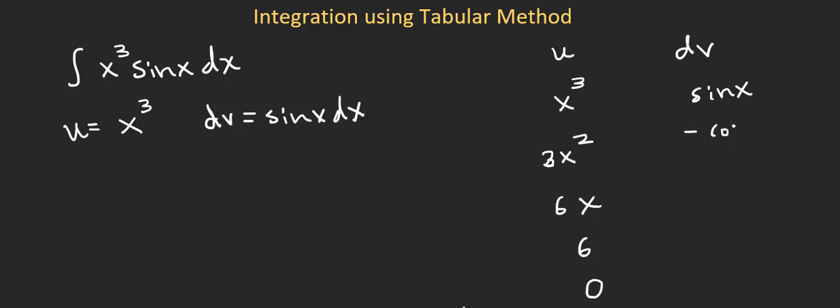It's negative cosine x. The antiderivative of negative cosine x is negative sine x. The antiderivative of negative sine x is cosine x. And the antiderivative of cosine x is sine x. Now we have to draw the lines.